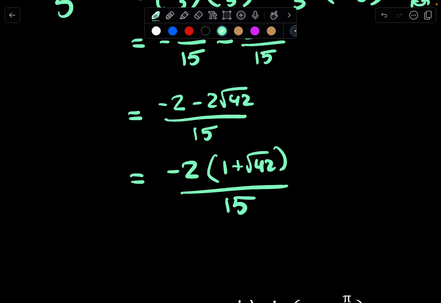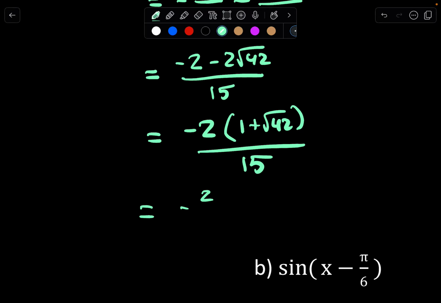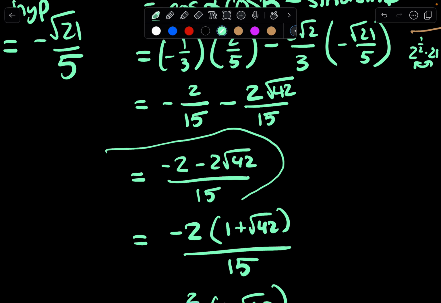It's not necessary, but getting that -2, that common term to the front, kind of helps clean up those two terms. And then even further, you could do -2/15 times 1 plus √42. But again, if you're doing this on an assessment at Plano East, you can just stop right here. We do want to see that one term.